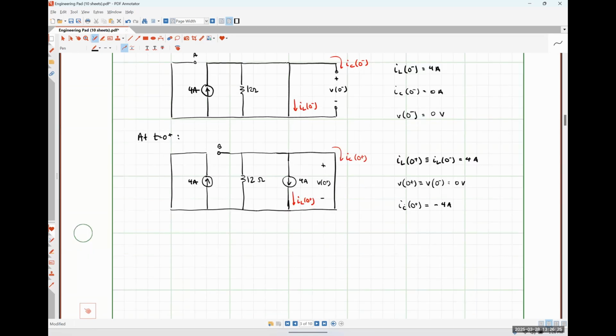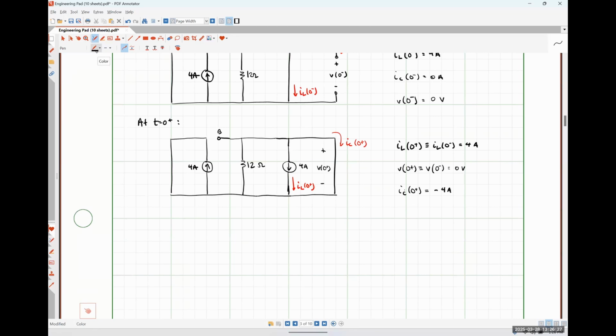Okay. For this particular circuit, since there is no source connected during the transient condition, everything is going to be 0 at infinity. Right? If we need to draw it out just for the hell of it, I can do it.